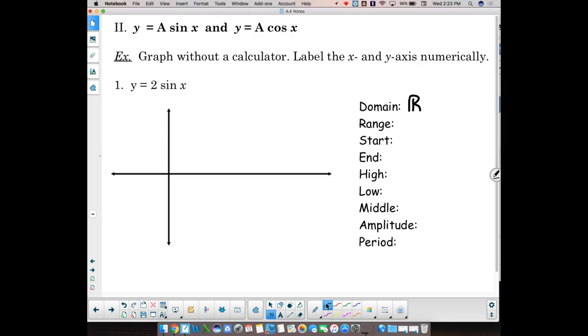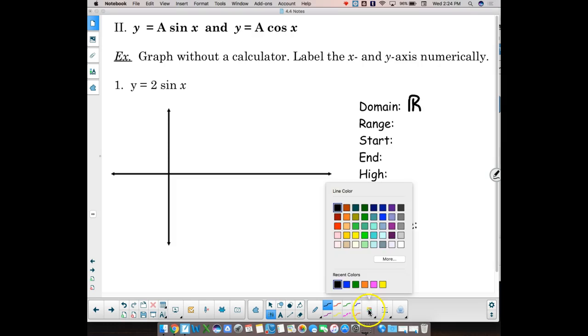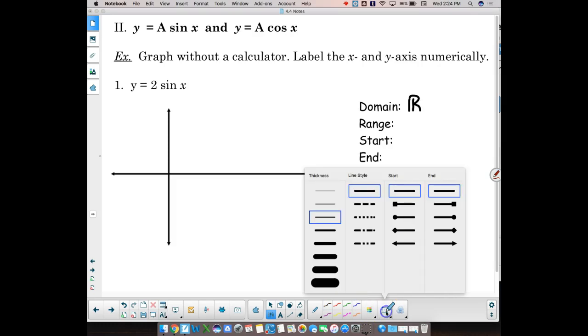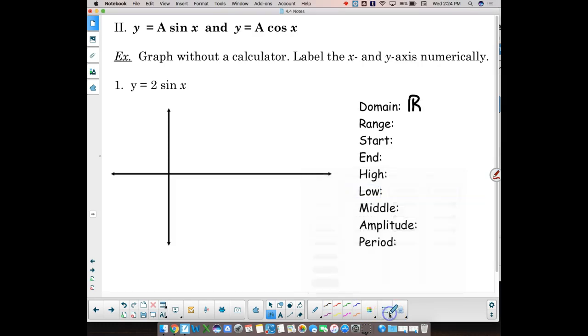Okay? I will do the next 2 examples in the 2 different schools of graphing. Okay? The first school of graphing is, this is a sine function, and so my sine function is going to be graphed where I start in the middle, I go up, I come back down, I dip below, and I end in the middle.